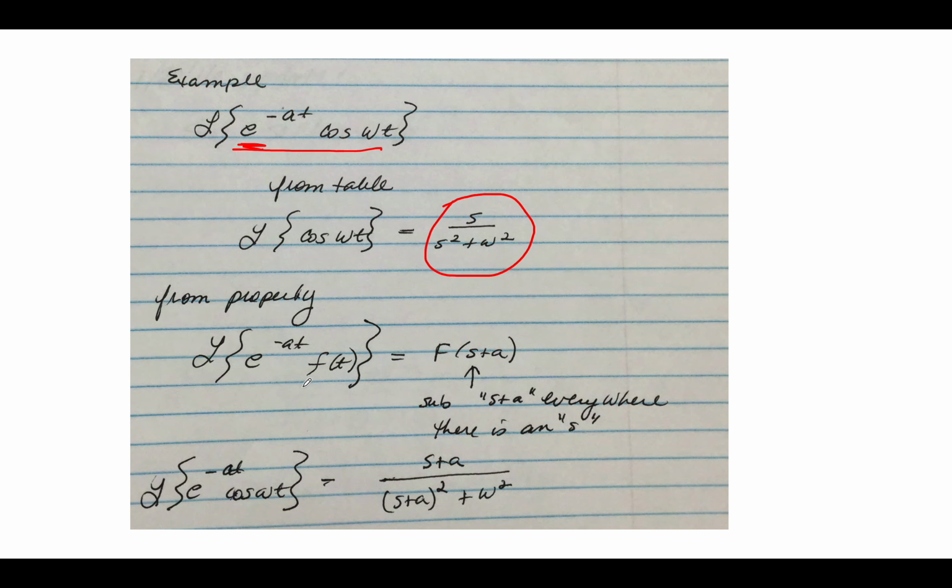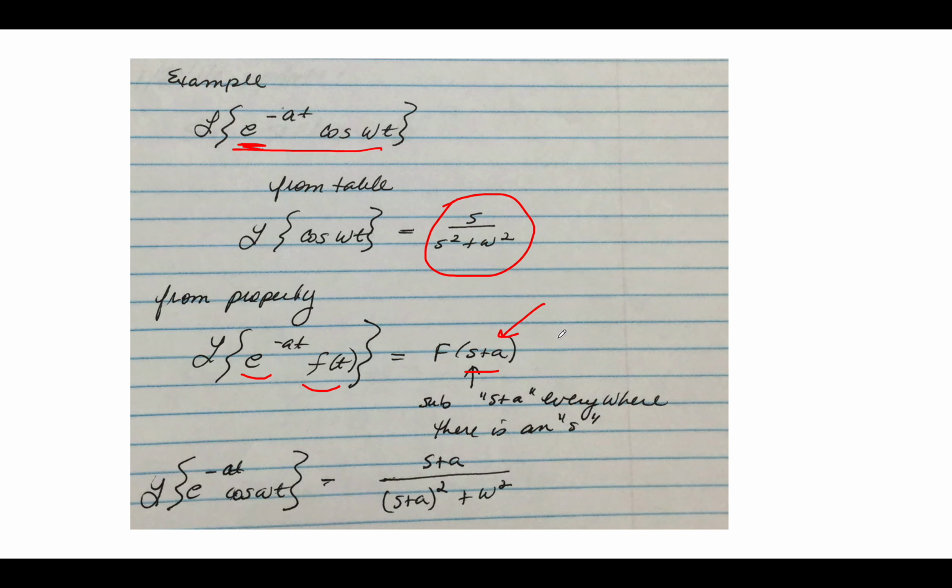But we also know that we're multiplying by e to the minus at, and there's a property that says if we have a function of time and we multiply that by e to the minus at, what that corresponds to is a shift in frequency. So everywhere we had an s in our transform of f of t, we're going to substitute an s plus a.